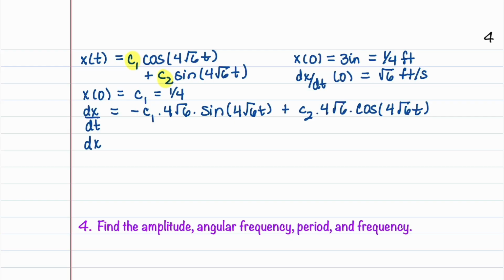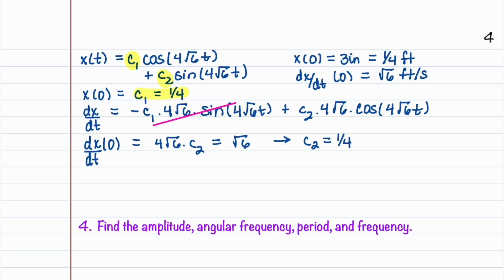Now we can plug in that t is equal to 0. Sine of 0 is 0, so that goes away. Cosine of 0 is 1, so we have 4 root 6 times c2, and we're going to set that equal to our initial velocity, which is square root of 6. From this, we get that c2 is equal to 1/4.